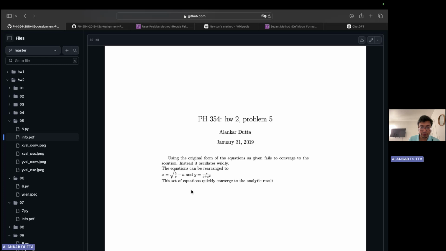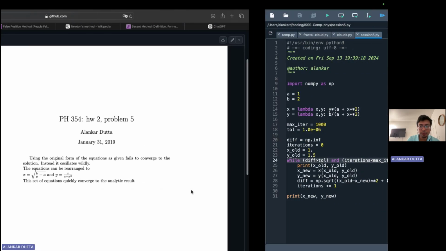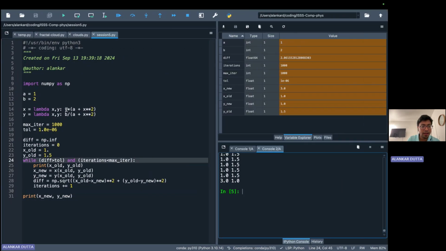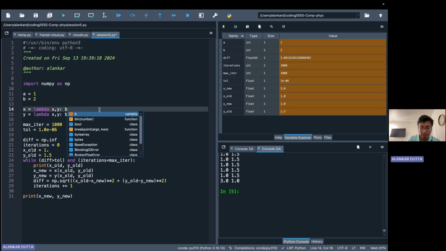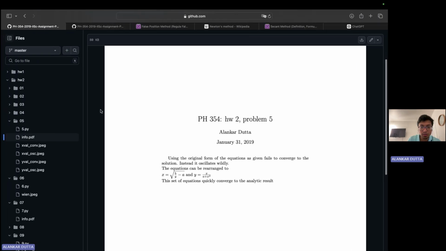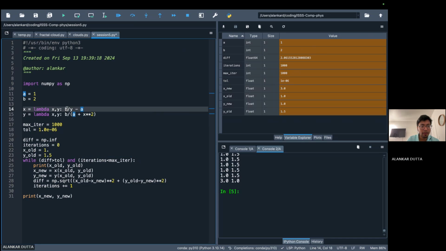So we are going to change this. So we are going to change x equals to b by y minus a. So let's go back and change this to b by y minus a, and I think there is a square root as well. Yep. So mp dot sqrt.